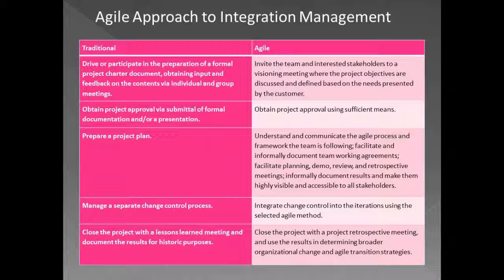But if you start with the Agile approach for this, I think the key thing is that you agree on what framework and what processes the team will follow, and then you just facilitate, you just ensure that the team has understood the methodology and how it will handle each iteration, and how you can informally document the results, and how you will ensure that it's available to stakeholders.